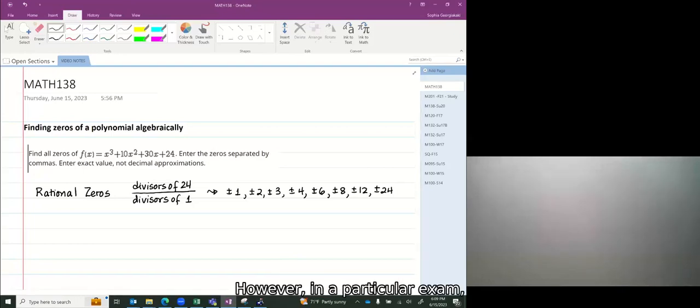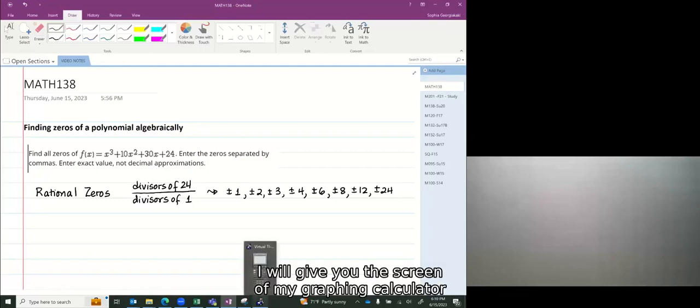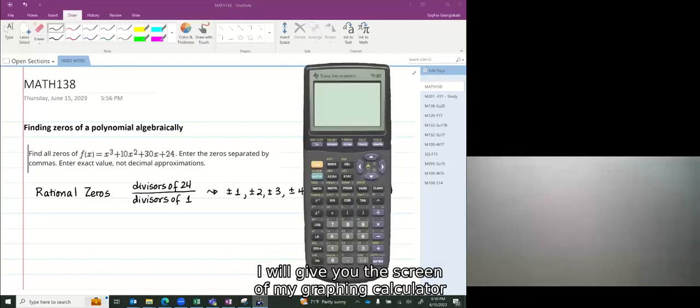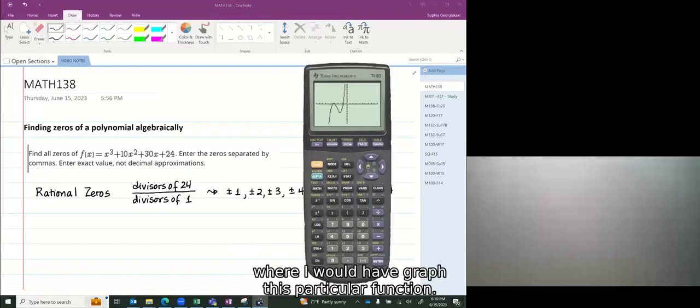However, in a particular exam, let's say our final exam, I will give you the screen of my graphing calculator where I would have graphed this particular function. And I see here that this graph obviously has 3 real zeros since it's a cubic equation. Of those zeros, it looks like it's going by close to negative 1 and then close to negative 4 and negative 4.5.